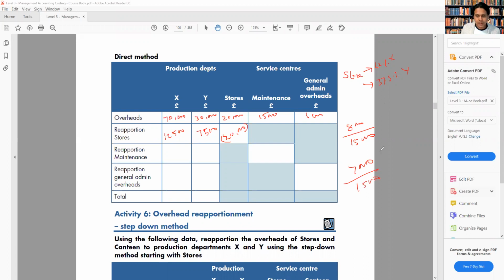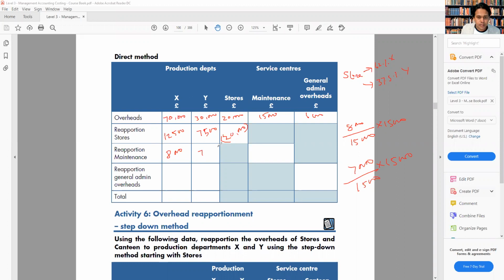And the cost for maintenance is 15,000. Can anyone tell me how much will be the maintenance reapportionment for X? 8,000. Very well done, Osim. So 8,000 and 7,000 for the Y.